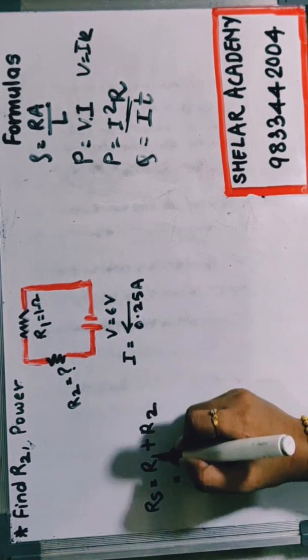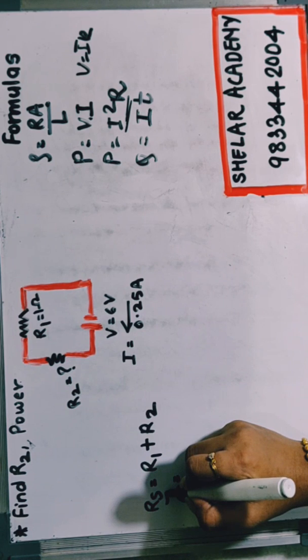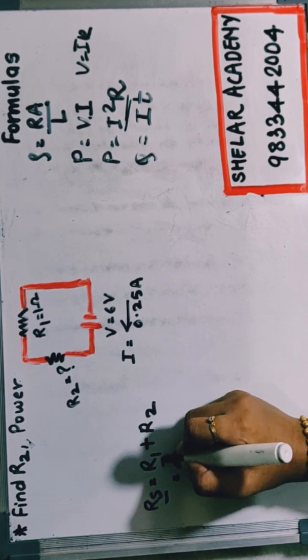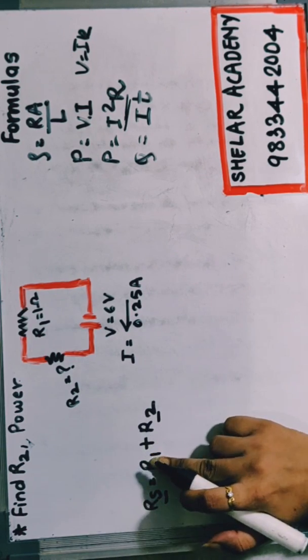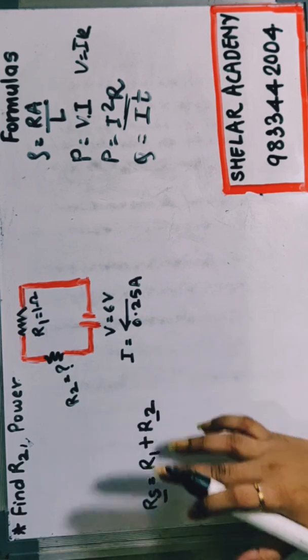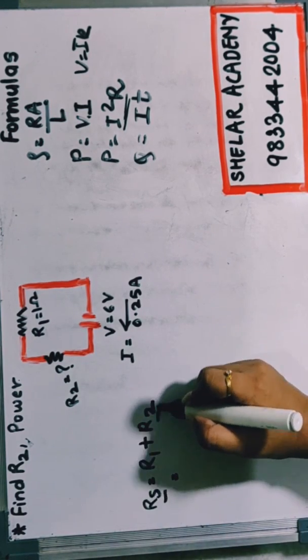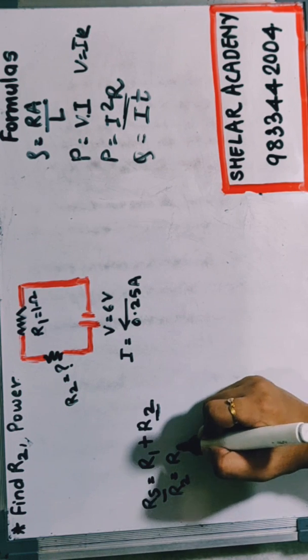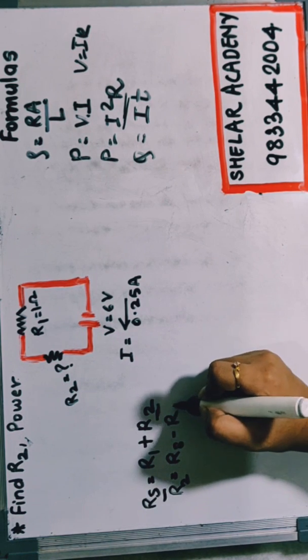But we have Rs, we have that, but we do not have this particular thing. So how do we find it out? We simply get the formula in terms of R2. So R2 becomes Rs minus R1.